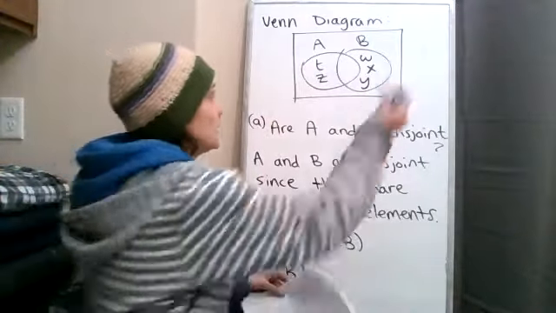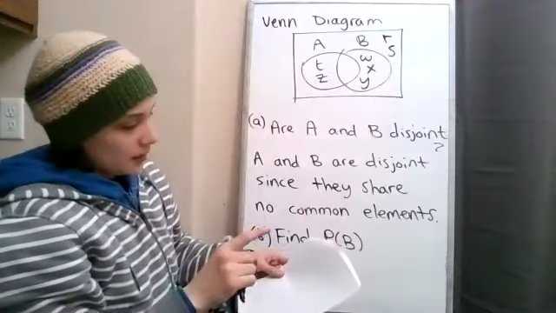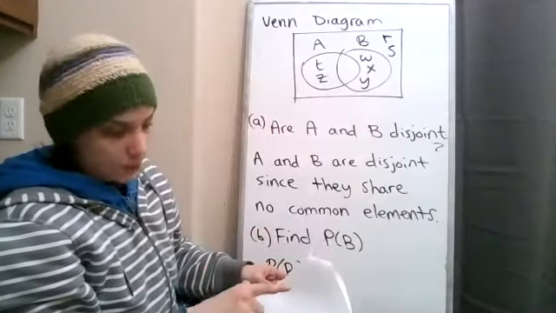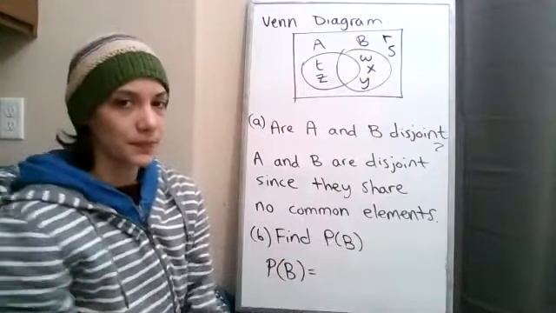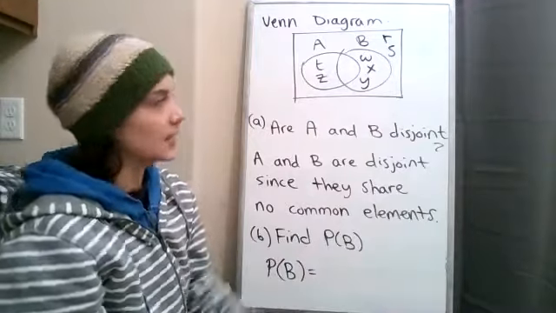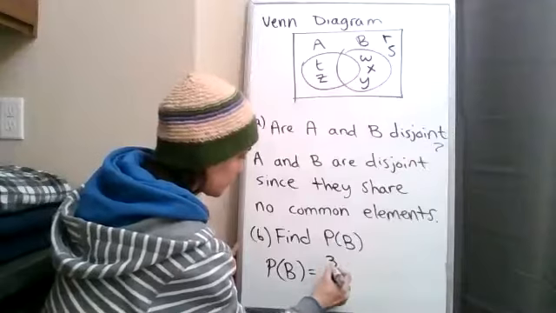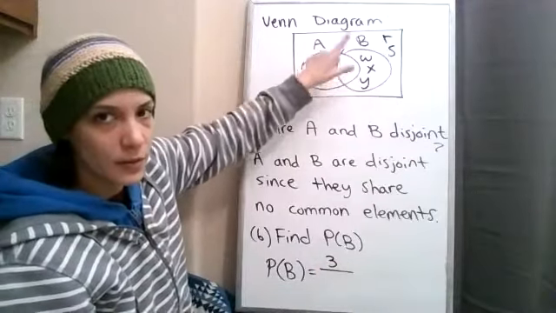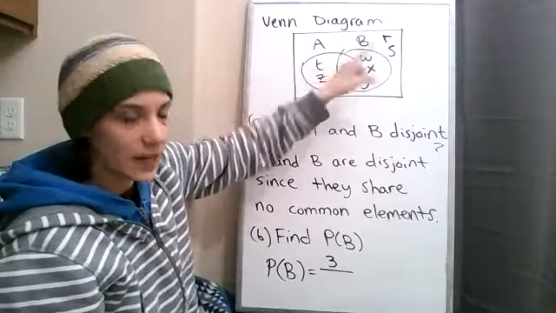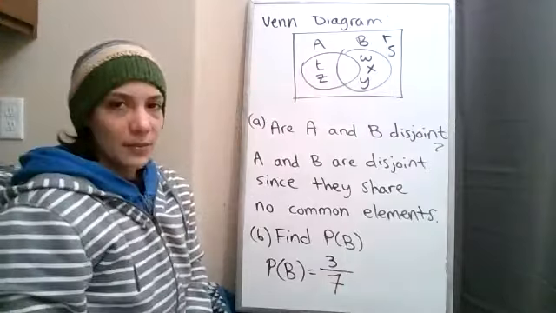It's R, S, T, W, we've got X and Y and Z. Cool. So B has 3 outcomes. In the full space, we've got 1, 2, 3, 4, 5, 6, 7 outcomes. Same size.